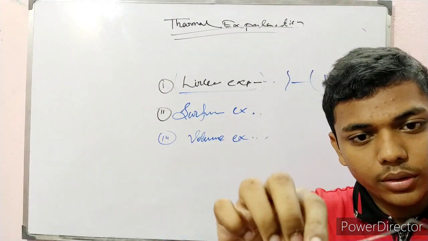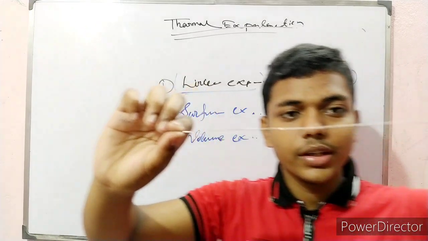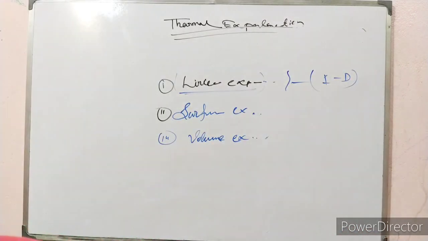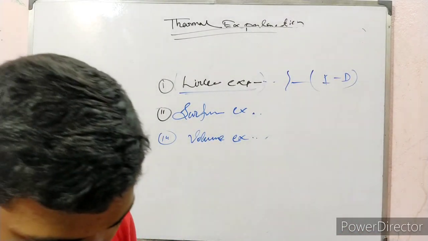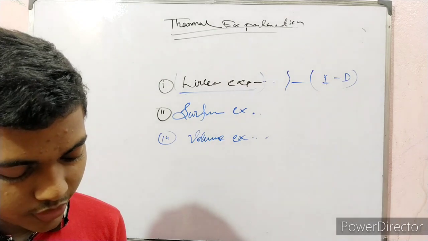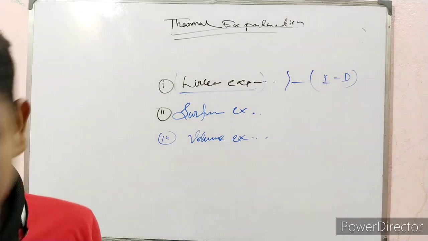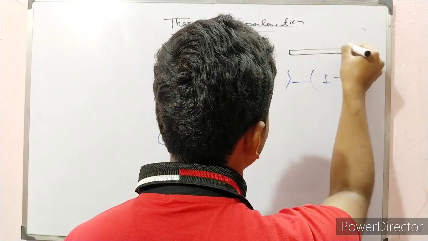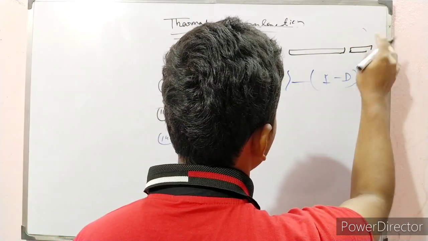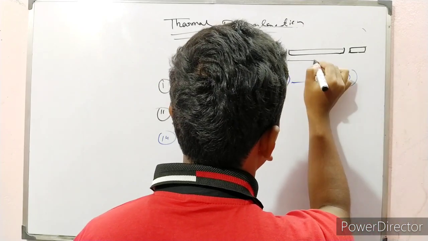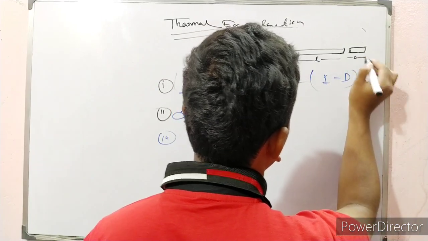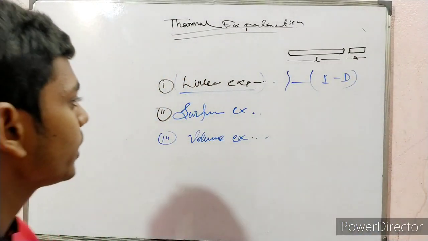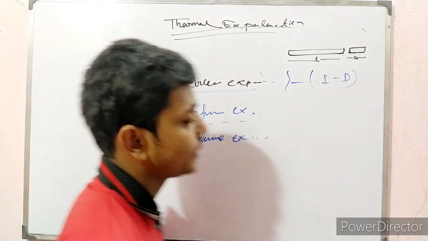And if I compare it with a straight line, the length has changed. So this is an example or demonstration of linear expansion. I will draw the image here of linear expansion, that is L and delta L. Delta means change.